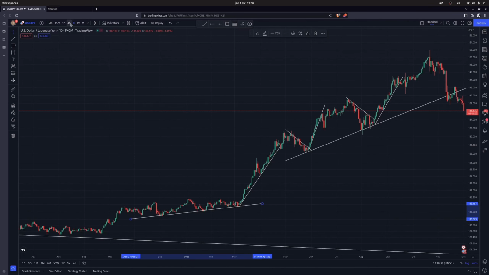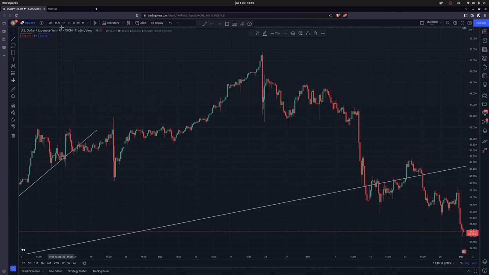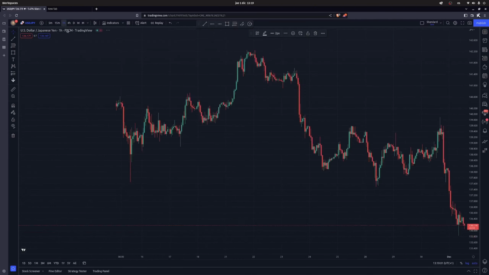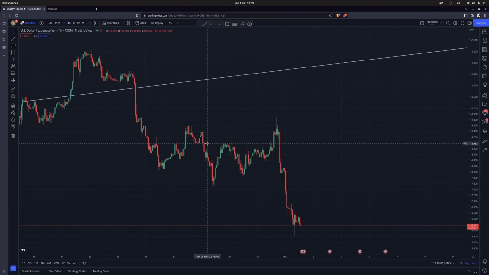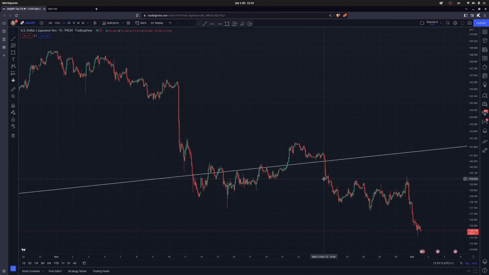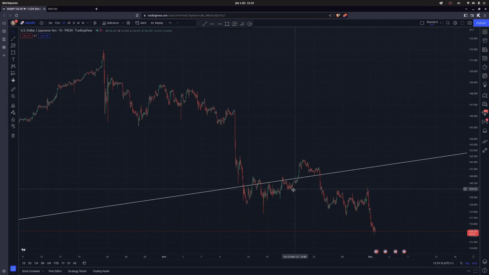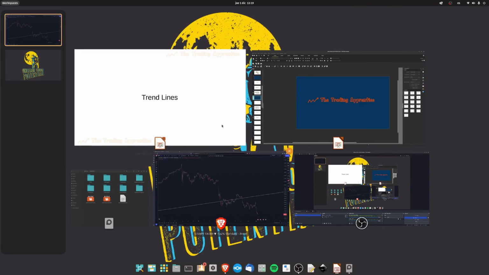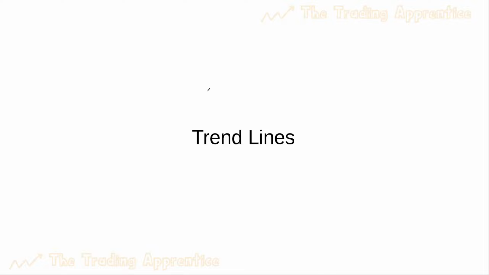And you can go even down to the intraday time frame, and you will find a lot of areas where you can draw trend lines in. So this is it for trend lines. I think that you get the gist here as well. And yeah, let's go back to the presentation.